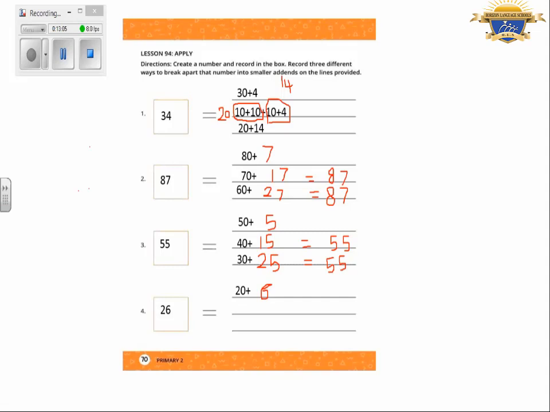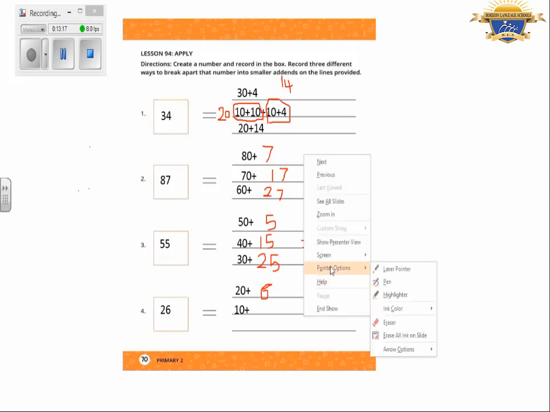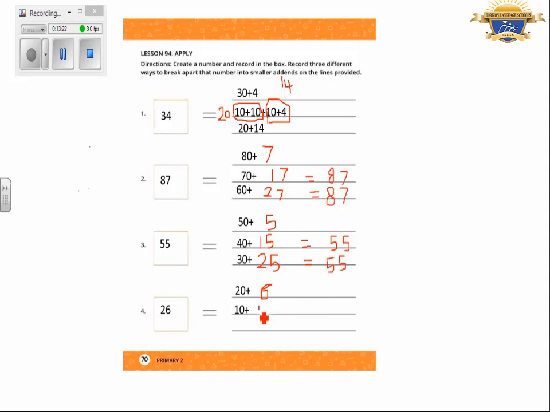So if I take 1 ten from the 20, the leftover will be 10. And the 10 I take, I will add into the ones column. So 6 plus 10 equals, excellent, 16. So I have here 10 plus 16. 6 plus 0 equals 6, and 1 plus 1 equals 2.